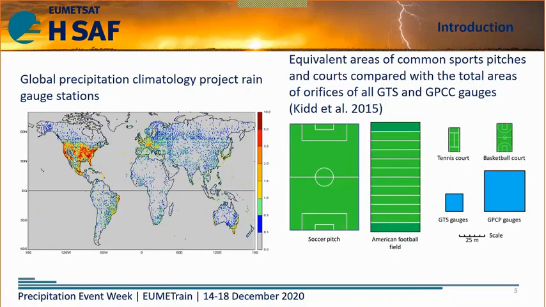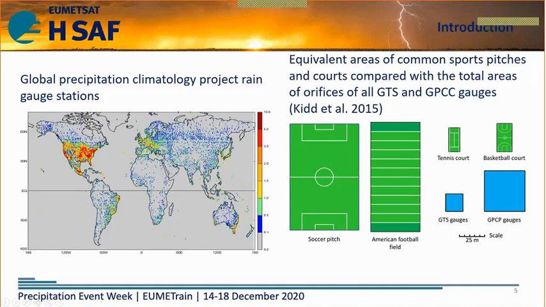In this slide, that probably you have seen yesterday during the presentation of my colleague Christian Massari, we can see the spatial distribution of the rain gauge stations throughout the globe. We can see that they are not distributed in a uniform way. There are many areas with just a few or no rain gauges.